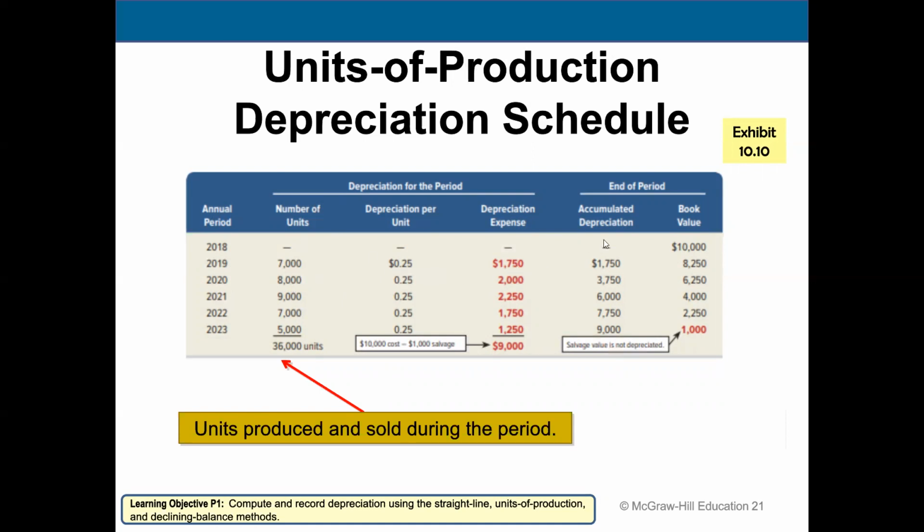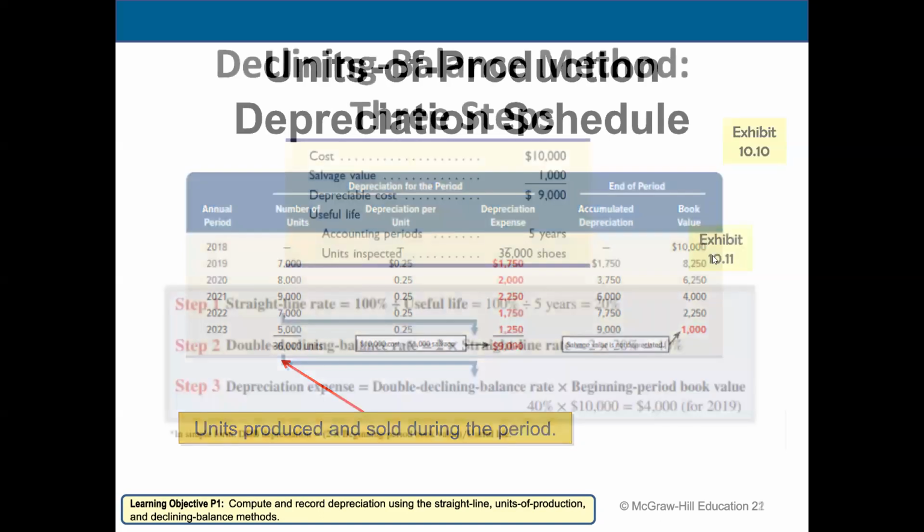Our accumulated depreciation is the same in the sense that it's just our depreciation from the previous years plus any new depreciation. It keeps adding up or accumulating over time. And our book value is still the cost minus the accumulated depreciation. So there's our units of production depreciation schedule.